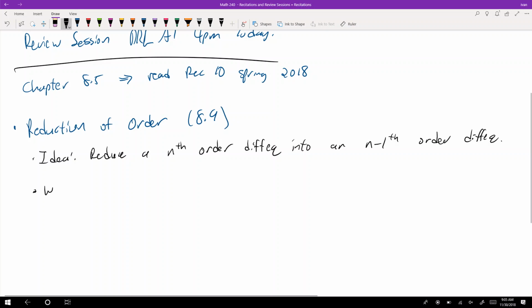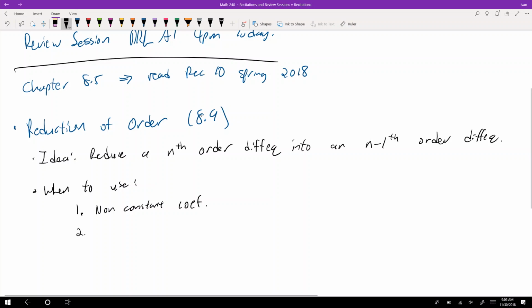So when do you use it? There's really three cases when you're going to use it, and two of them get paired together a lot. So the first case is when we have non-constant coefficients on our diffeq. We don't have any method of solving non-constant coefficient diffeqs except for reduction of order.